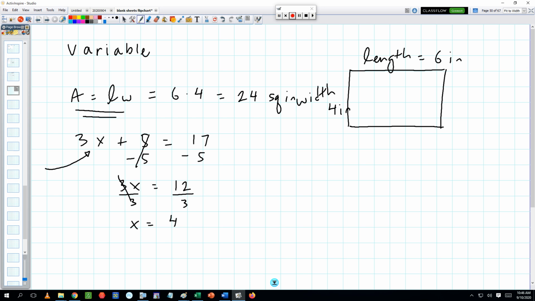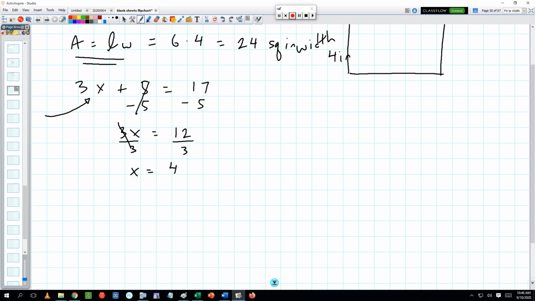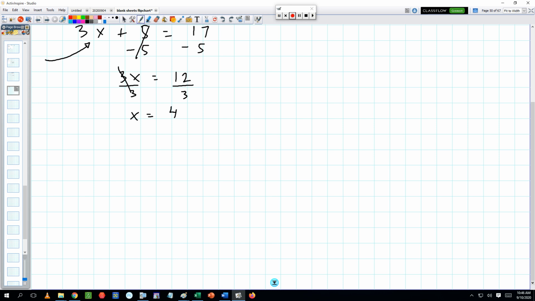We also use variables in expressions. Something like 5x plus 8. And I'm partial to using x's, but a variable could be any letter. And then over here to the side, I may say to you, find the value of this.